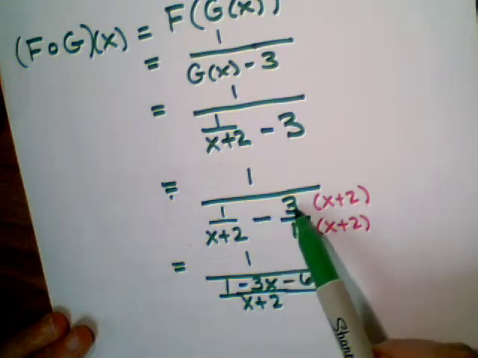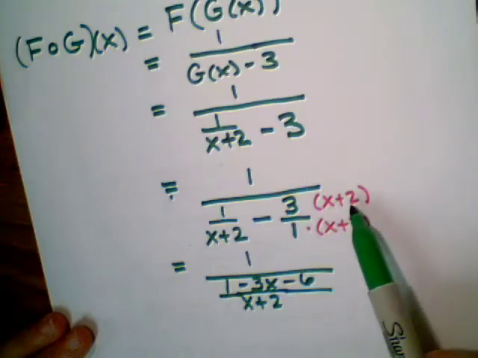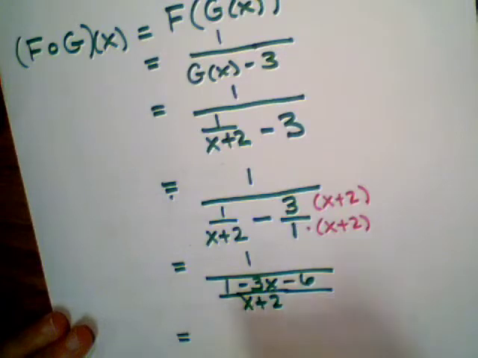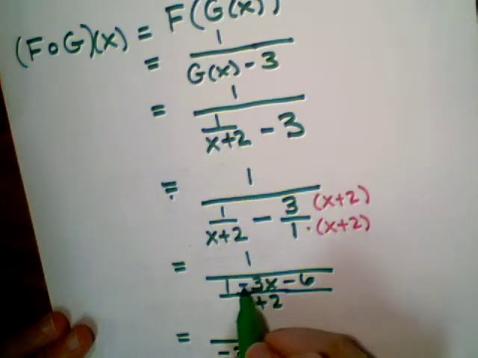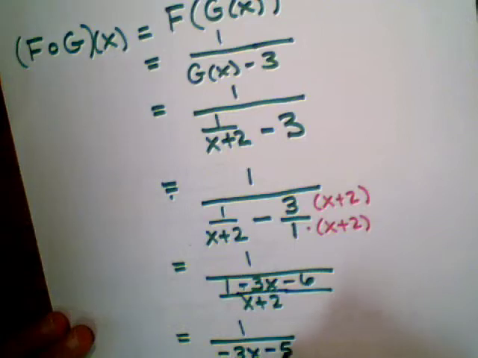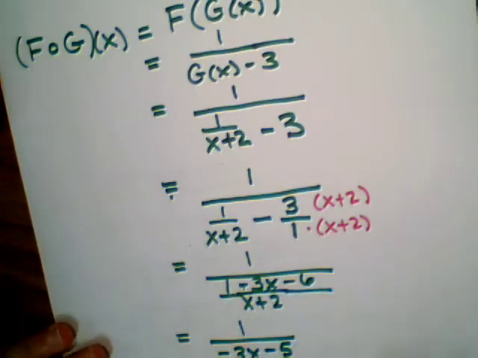I subtracted 3 times x, and then I subtracted 3 times the 2. Okay. And if we collect like terms, looks like I get a negative 3x minus 5 in the middle over x plus 2.